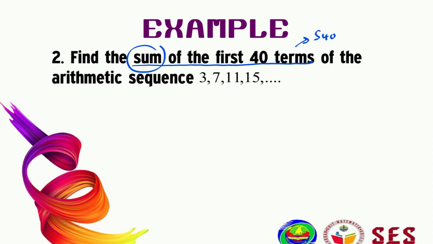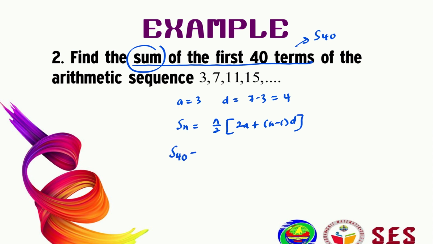From the given sequence, we have a equals 3 and d equals 7 minus 3 equals 4. So we will substitute everything into the Sn formula. Sn equals n over 2 times (2a plus (n minus 1)d), and we will calculate S40.